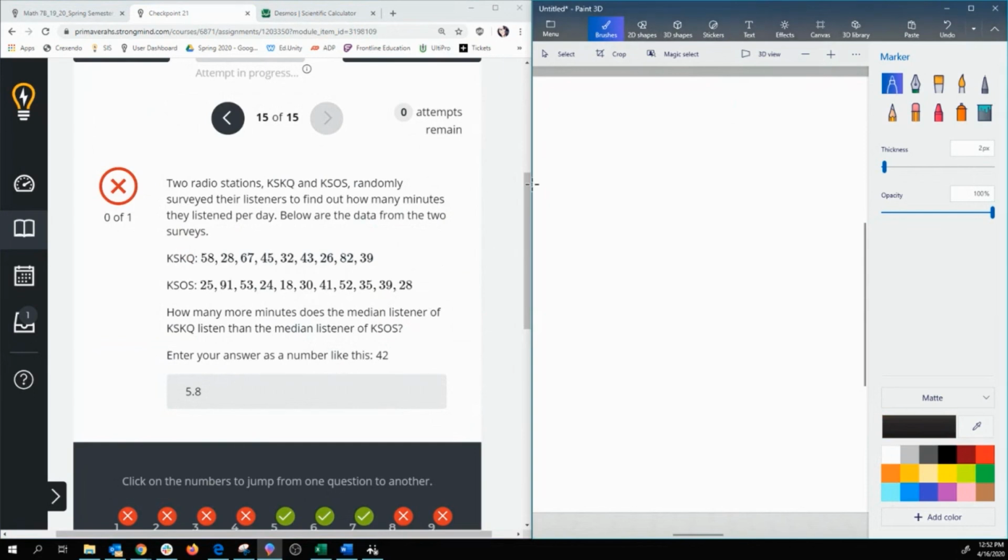Here I have KSQ. So I'm going to write them from smallest to biggest. Trying really hard to double check to make sure that I don't miss any.